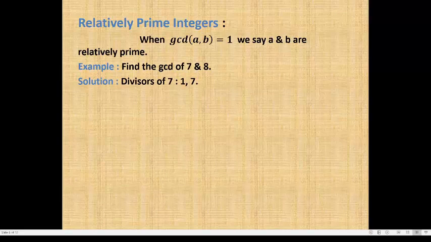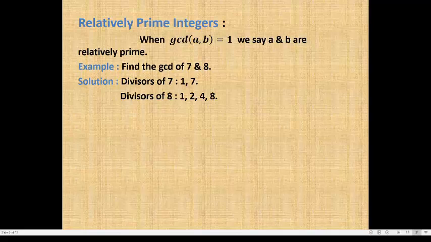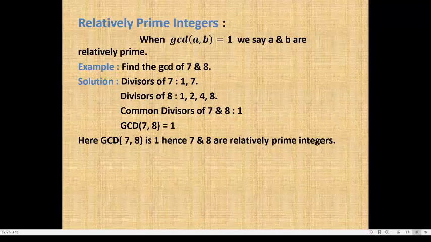Solution: divisors of 7 are 1 and 7 itself. Divisors of 8 are 1, 2, 4 and 8. Now the common divisor of 7 and 8 is 1. And here GCD of 7 and 8 is 1. Hence 7 and 8 are relatively prime integers.